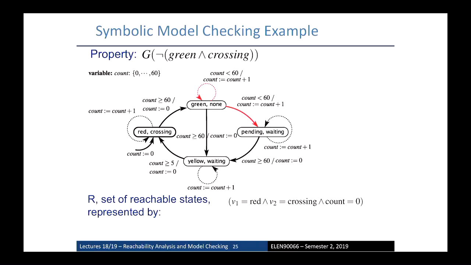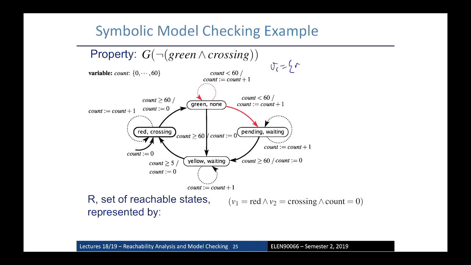Here, instead, with the symbolic model checking, what we're going to be doing is writing conditions for the states in terms of logic or Boolean expressions. So I should just be clear. Let's set V1 to be the set of possible states of the traffic light controller.